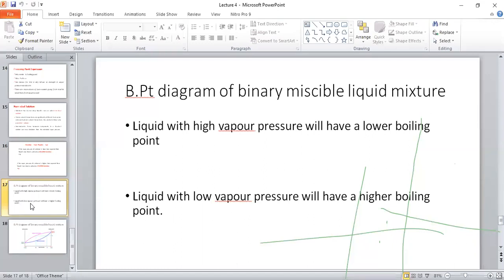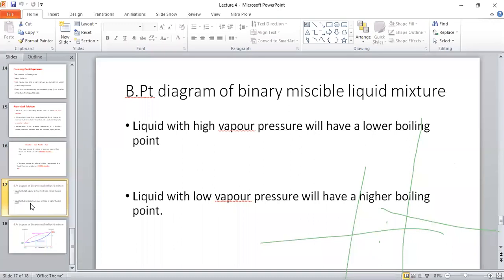So such miscible mixtures: liquid with high vapor pressure has a low boiling point. These are the statements you should note very well and understand, because I don't want you to get confused in the exam hall.